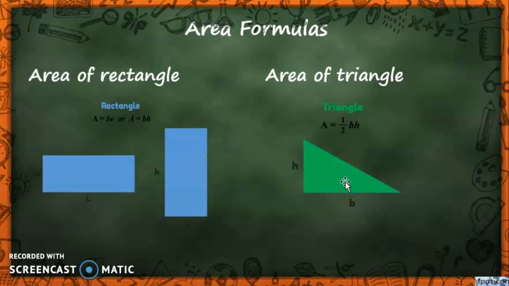Actually, yes. If you were to cut a rectangle diagonally, it will cut the rectangle in half, which gives you two triangles. So one triangle is basically half of a rectangle, hence why we use half times base times height. Alright, let's move on.